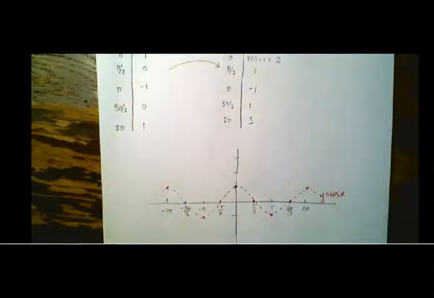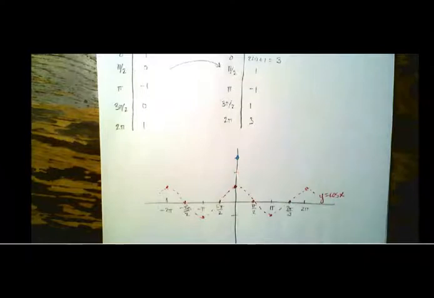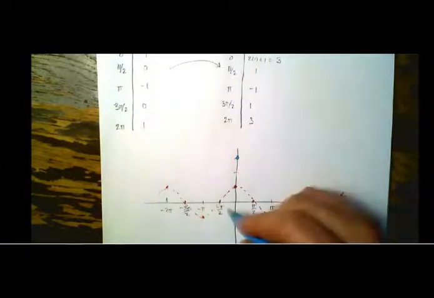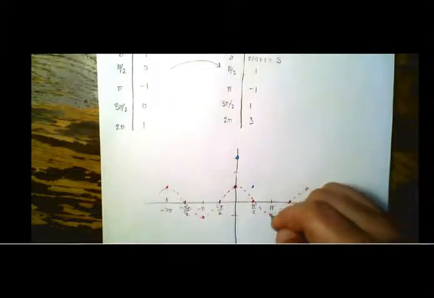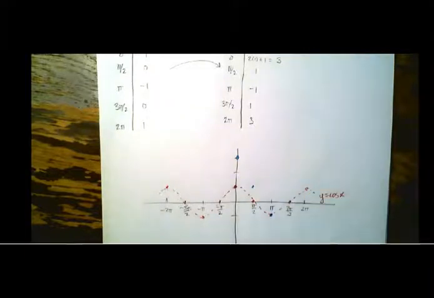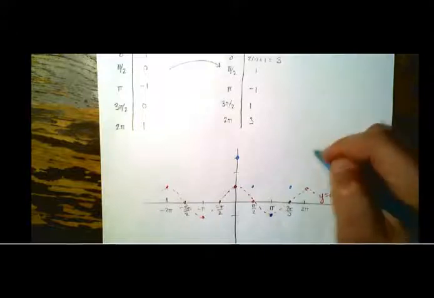Now let's graph our transformed points. So when x is 0, we're now at 3. Pi over 2 is 1. Pi is negative 1. 3 pi over 2 back to positive 1. 2 pi is at 3.